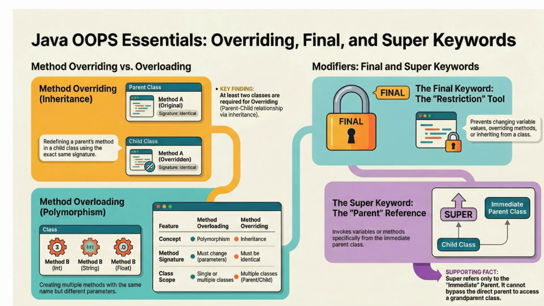Now for overloading. XYZ could have a new method also called M2, but this time it takes two integer parameters instead of one. This new M2 might add the two integers together. Okay, so we have two versions of M2 in XYZ, the original one inherited from ABC, and this new one that takes two integers. Exactly. And XYZ could even choose to override the original M2 inherited from ABC with its own unique implementation.